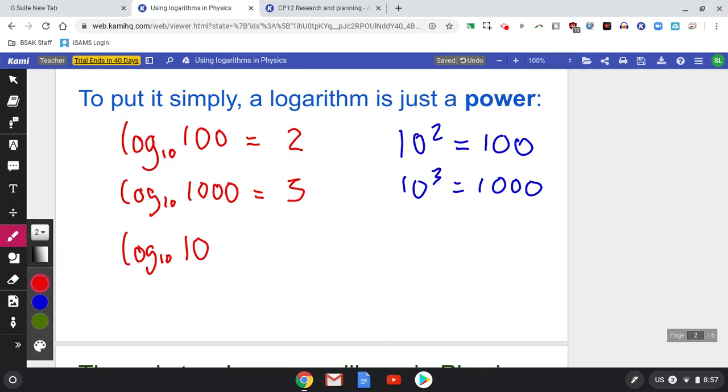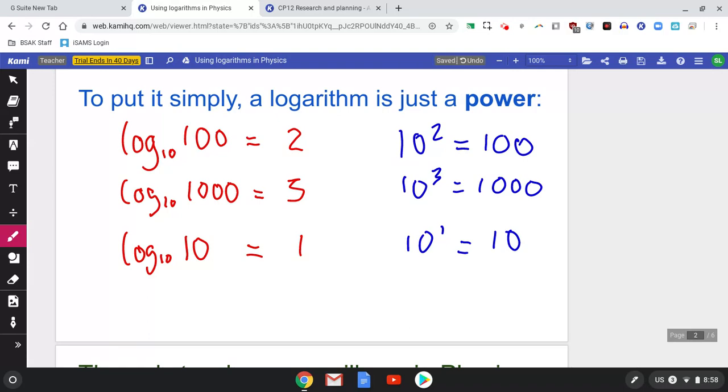Well, that is always 1. Okay? And that works for any base. If we have log to base 2 of 2, the answer is 1. And all because, obviously, 10 to the power of 1 is 10.